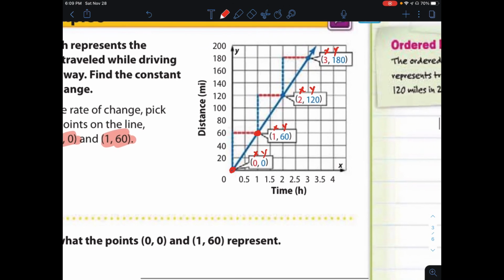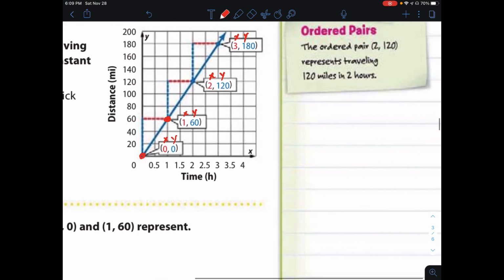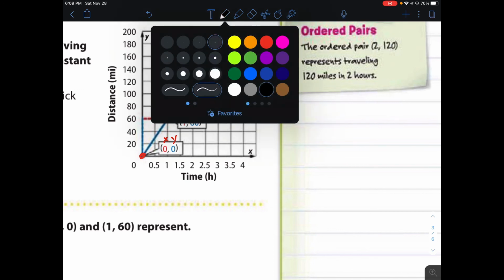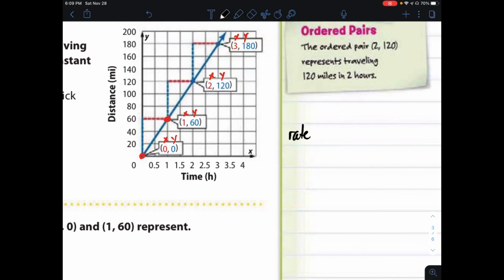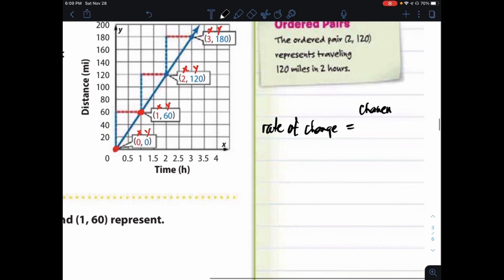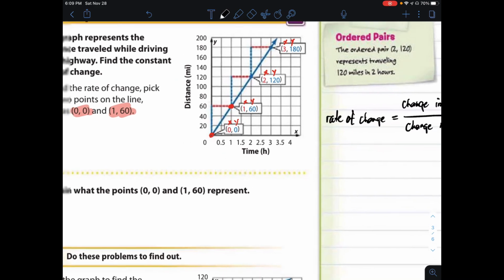Remember in example 1, we talked about our rate of change. Let me rewrite that. Rate of change is the same as the change in y over our change in x. That's how we find the rate of change.